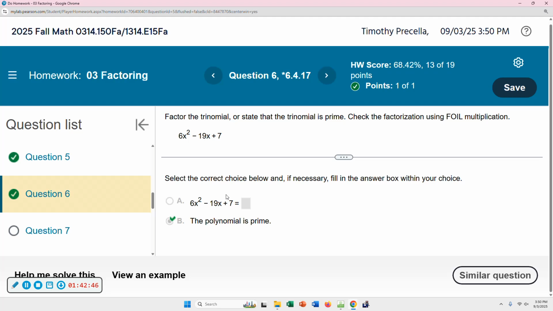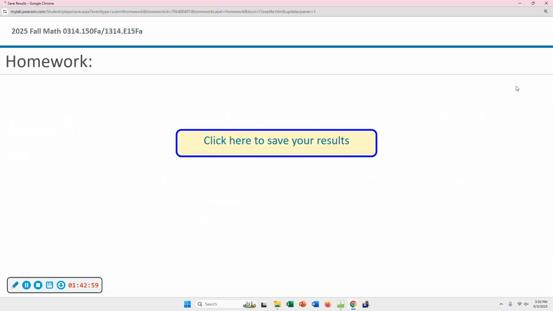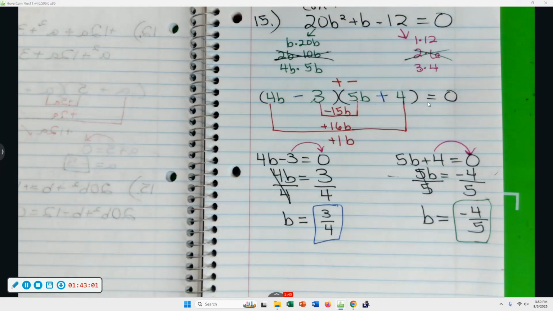Just keep going and going, trying to figure out if it factors. So I'll do y'all a favor right now and tell you something about your midterm. There are no primes on that midterm, okay? You have to struggle through those primes for the homework, but not on your midterm.